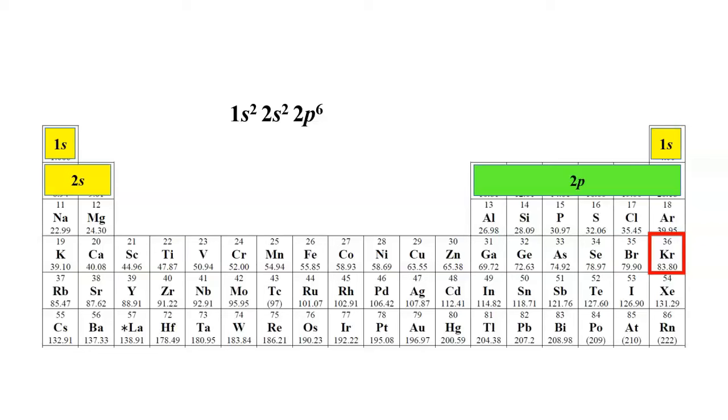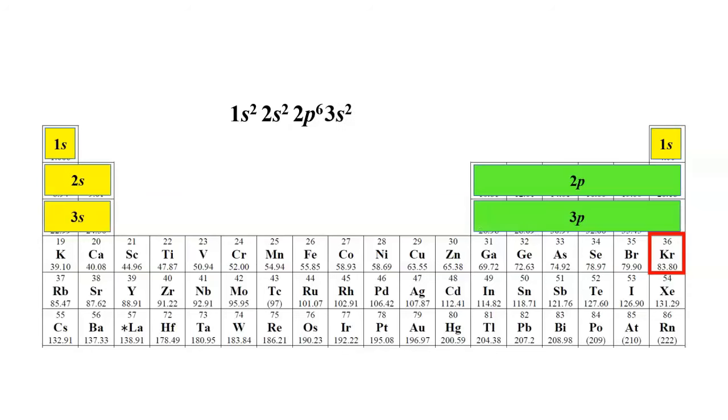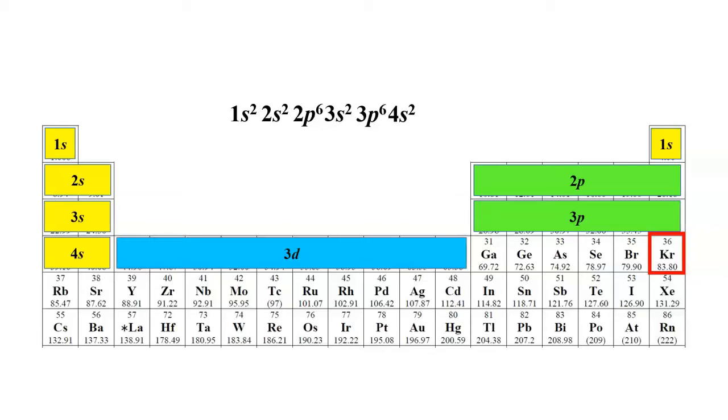Now moving from period 2 to period 3 on the periodic table, we have 3s2, followed by 3p6. Now moving to period 4, it would be 4s2, followed by 3d10, and then finally 4p6. So we cannot use krypton in brackets as the only thing that we write.